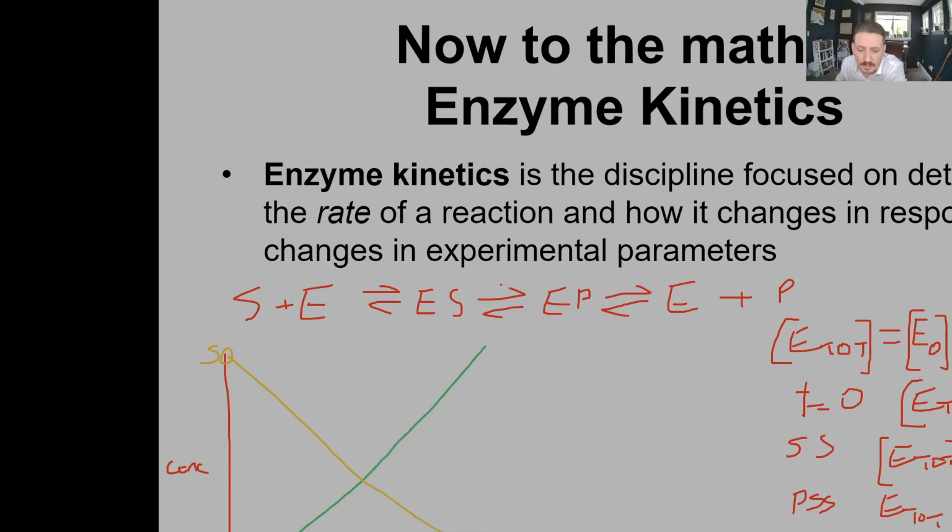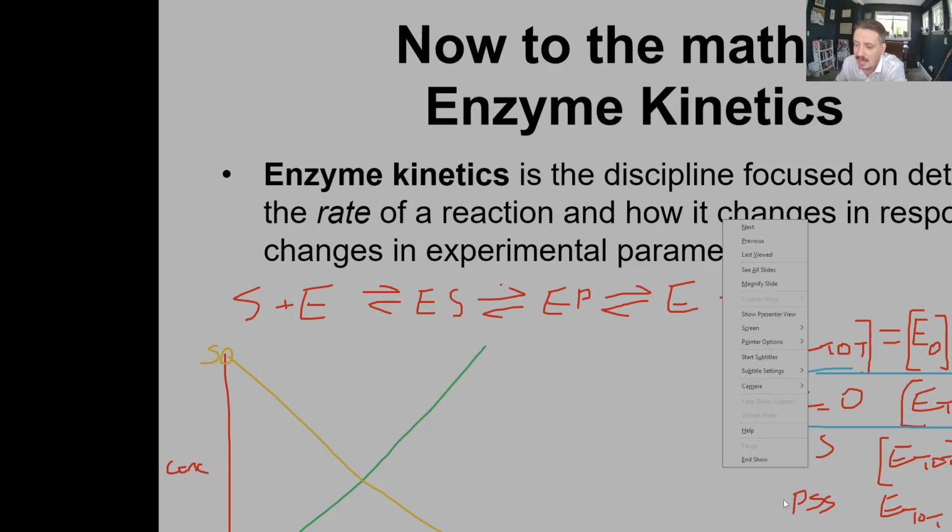Remember, E total is equal to E0, so it's going to be here. On the other hand, let's go for black. At the beginning of the reaction, there is no ES. So ES equals 0, and the concentration is going to be 0.